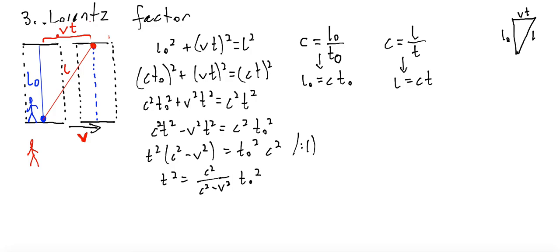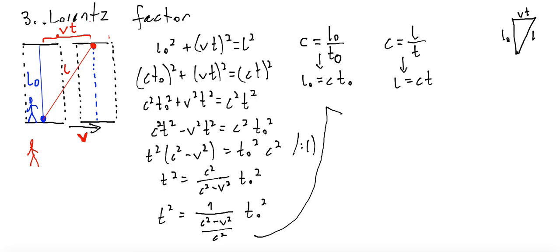I'm going to write this in a slightly different form: the fraction c squared over c squared minus v squared in the form of 1 over the reciprocal, so 1 over c squared minus v squared over c squared, of course, times t0 squared. It's the same because this is something raised to the power of minus 1 and again to the power of minus 1.